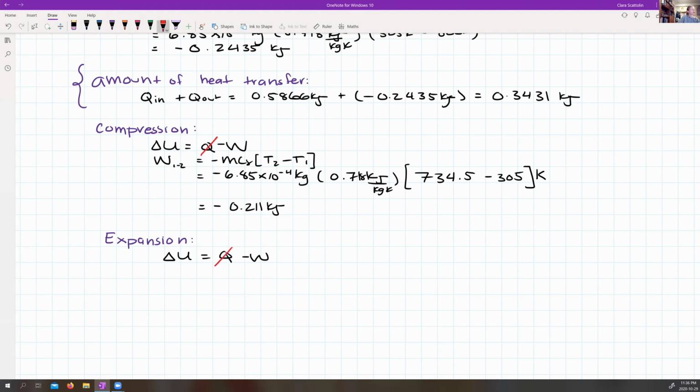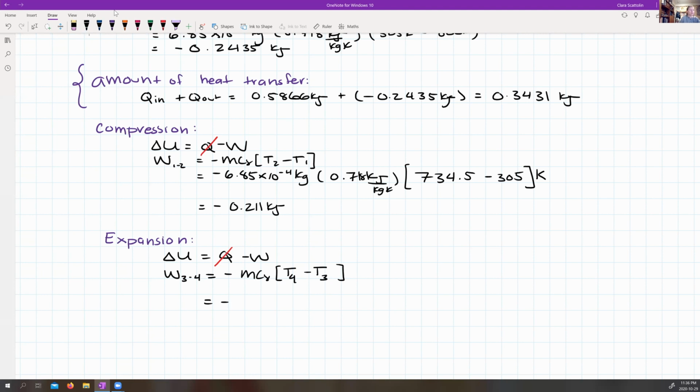There's no Q. And so therefore I know that my work for the expansion, from 3 to 4, is a negative m Cv, T3 minus T4. From 3 to 4, so it's T4 minus T3.